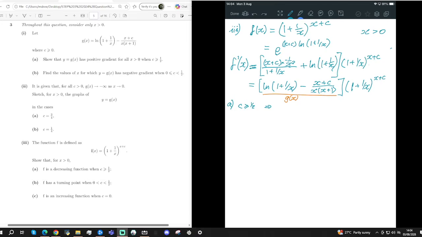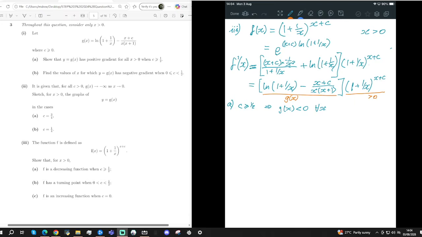So the g of x is positive gradient, but we know it started negative and it has an asymptote. So in that case, g of x was less than 0 for all x. And then also notice that this thing is always greater than 1 to a power.